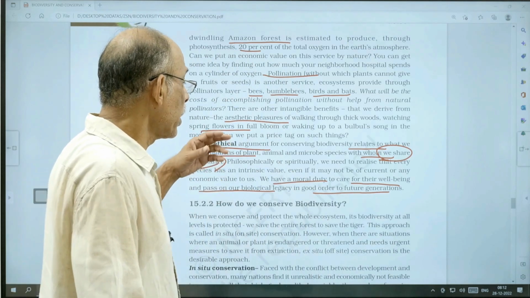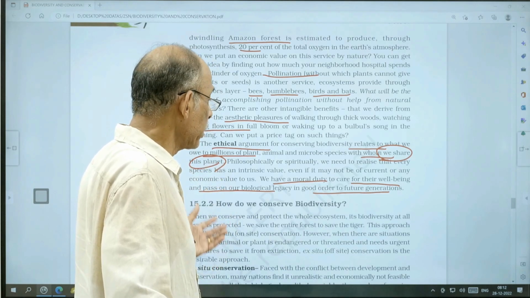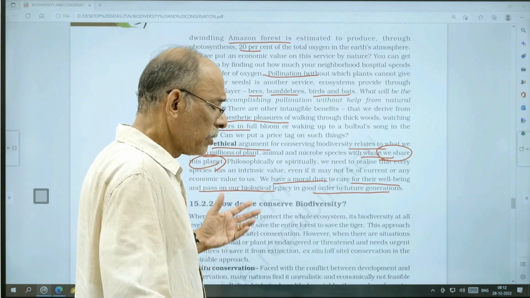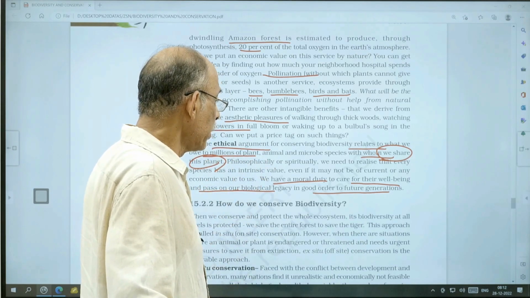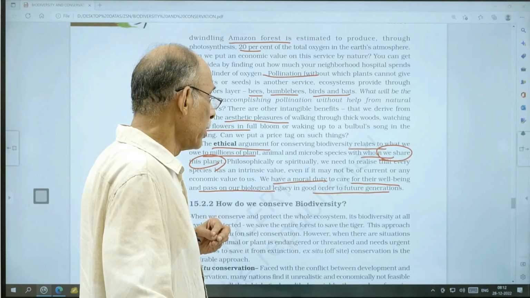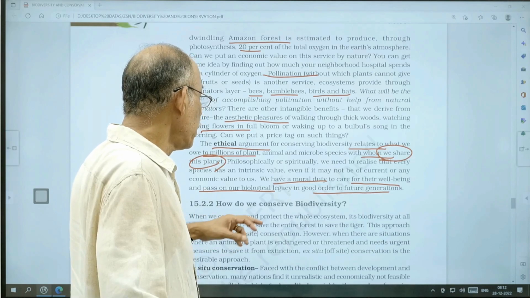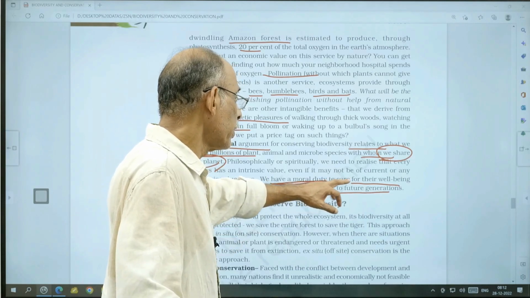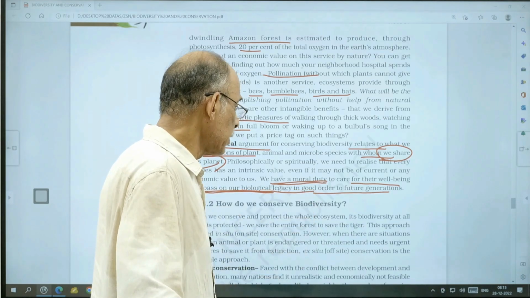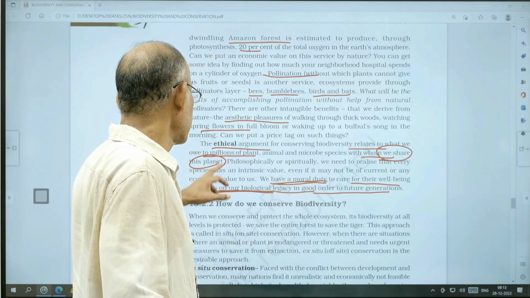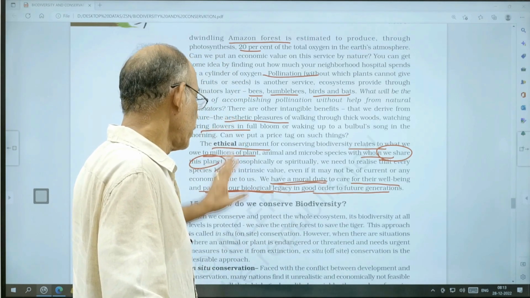If we do not care for the well-being of other organisms, plants and animals, and suppose we remove many plants and animals for these temporary benefits, our existence will also be questioned. So to have a long-standing existence, we must have a moral duty for the care and well-being of our other biological legacy for future generations. So those are the ethical reasons. We have a moral responsibility to protect all these organisms.